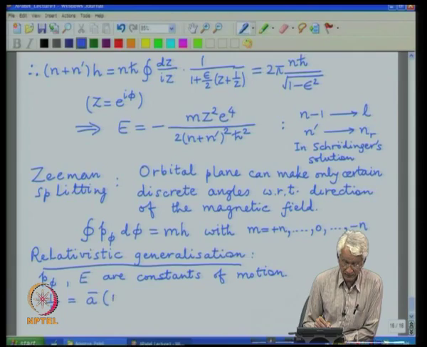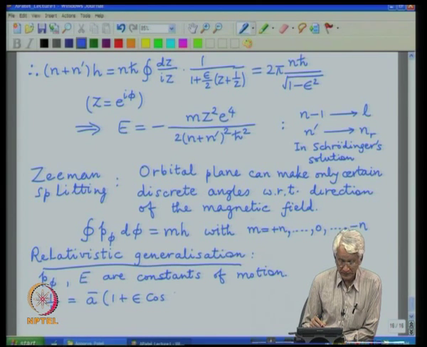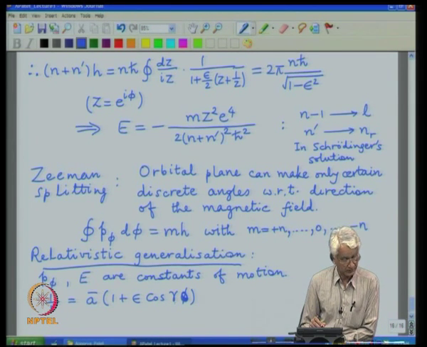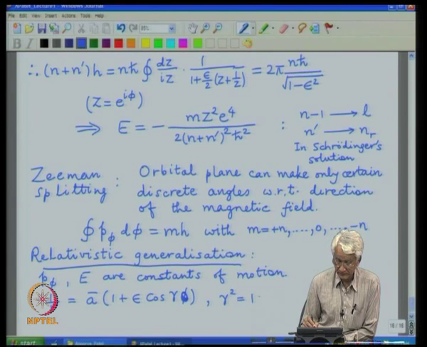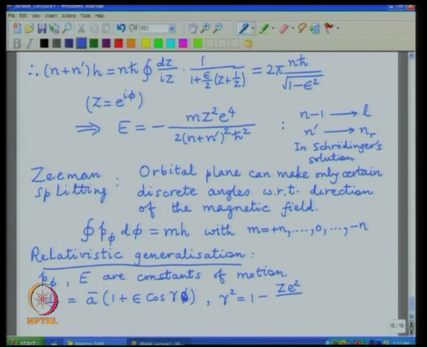and it can be written again in terms of the two constants measuring the semi-major axis and the eccentricity, but there appears a new parameter which I have called gamma here, and its value is which can be rewritten in terms of the fine structure constant, a small correction to 1 when atomic charge is significantly smaller than 137.